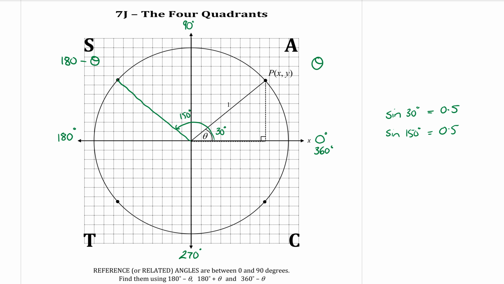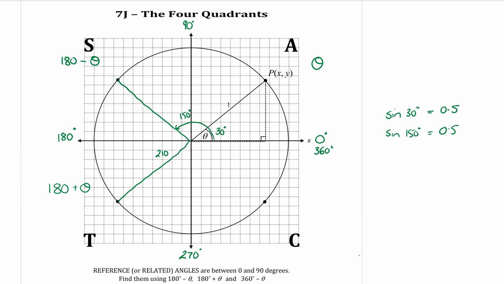Let's see what happens if we push the angle into the third quadrant down here. Now to find the angle in this quadrant, we would want to do 180 degrees plus the theta, because 180 degrees is to this line, and we want to add the theta on to bring it down into this quadrant. So the size of that angle would be 180 plus 30, which makes 210 degrees.